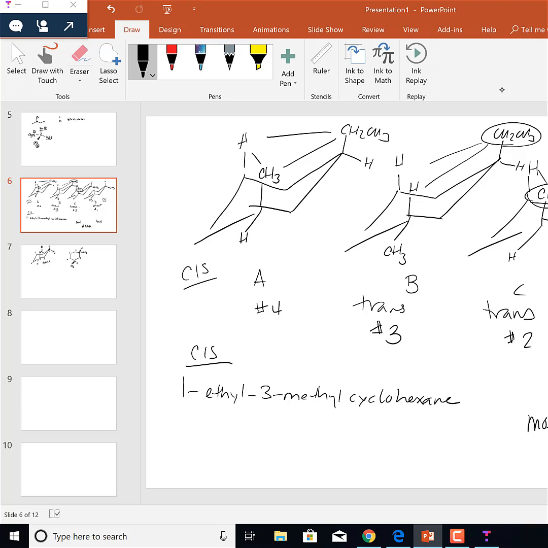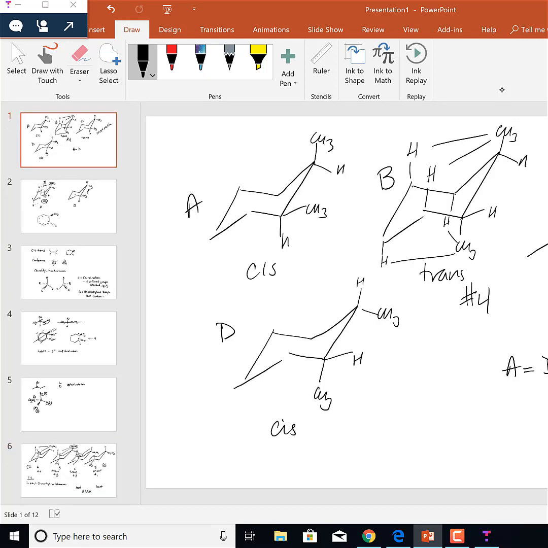Oh, because this one was a 1,3 diaxial interaction, or 1,3 substituted. Let me go to this morning's where we did 1,2, and in this case the trans is either both axial for 1,2 or both equatorial for 1,2.